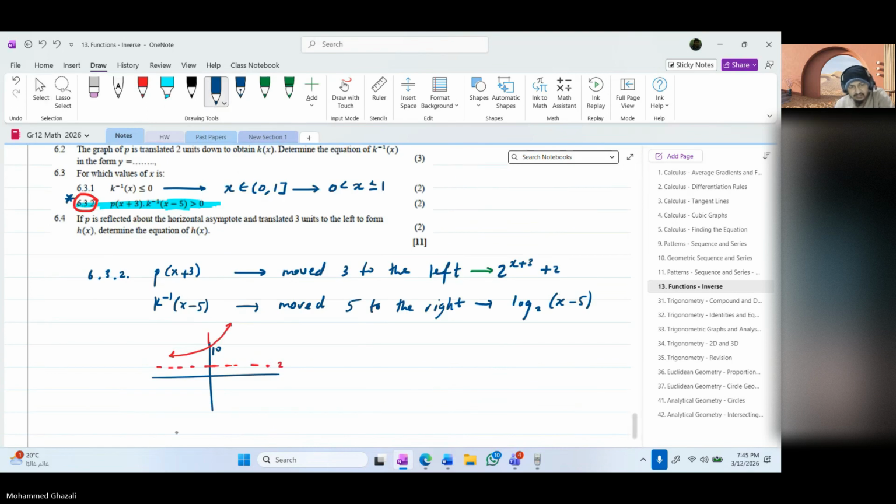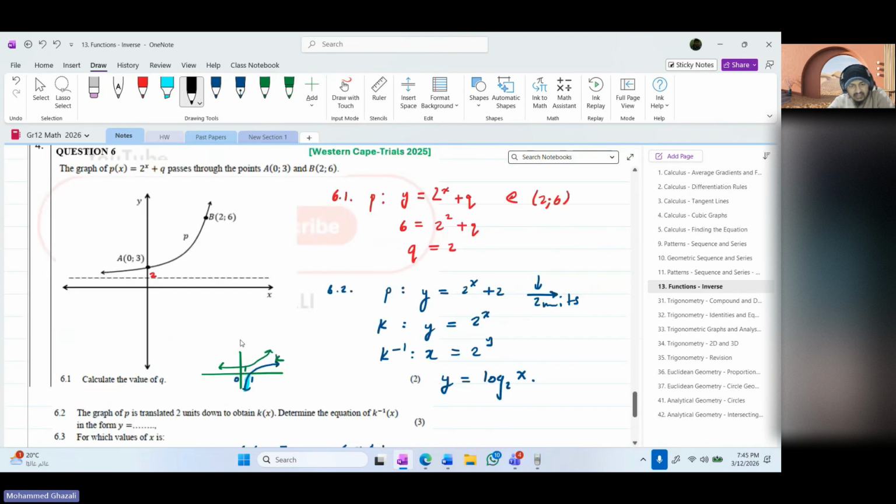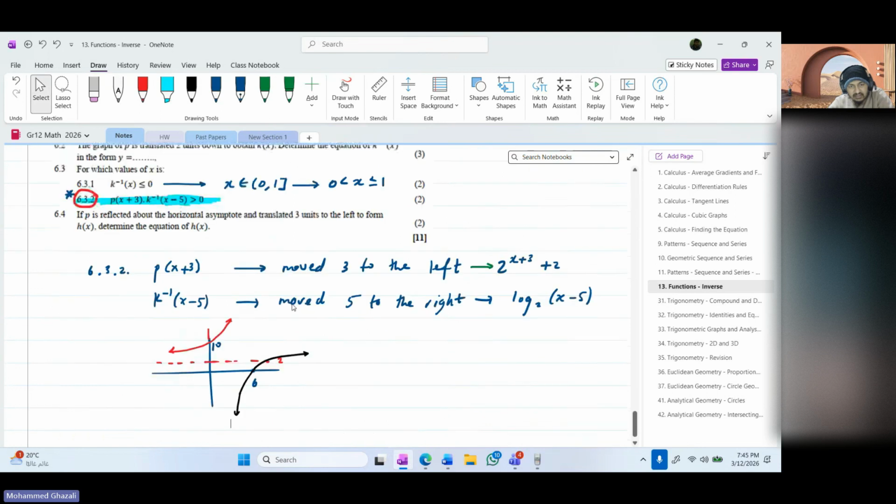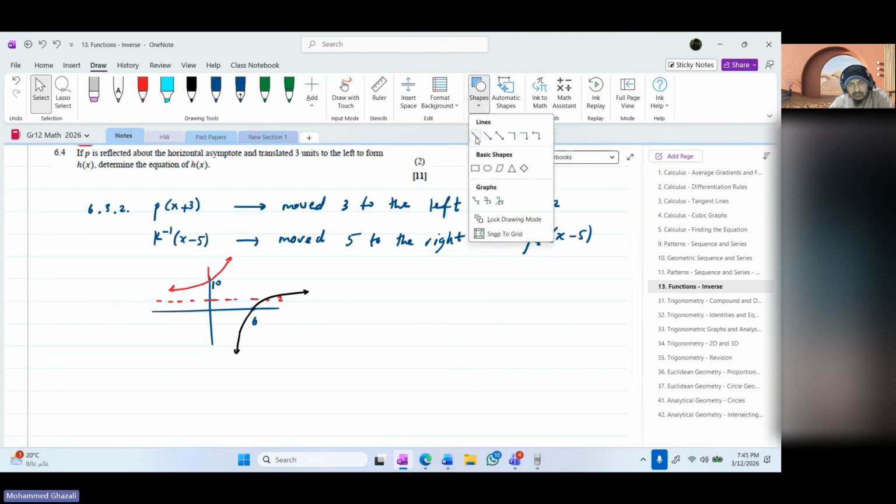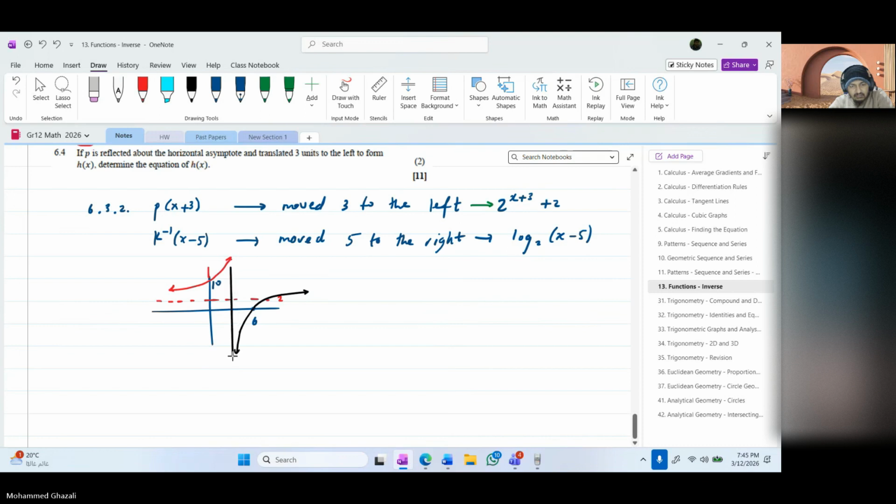And if that graph is moving, then the vertical asymptote is also moving. Remember, there's a vertical asymptote in the log graph; the log graph never ever touches the y-axis. So that vertical asymptote will also move. Okay, so the vertical asymptote is now at 5.